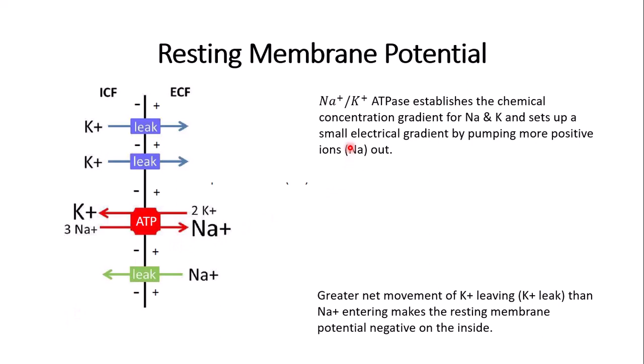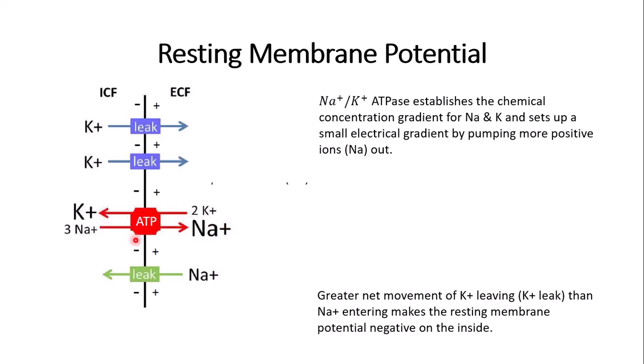We have already said the sodium potassium ATPase, which you can see here, establishes the chemical concentration gradient for sodium and potassium and sets up a small electrical gradient. So how this works is that the sodium potassium ATPase pumps, with the extracellular fluid this way and the intracellular fluid this way, 3 sodium ions out of the cell and 2 potassium ions into the cell.